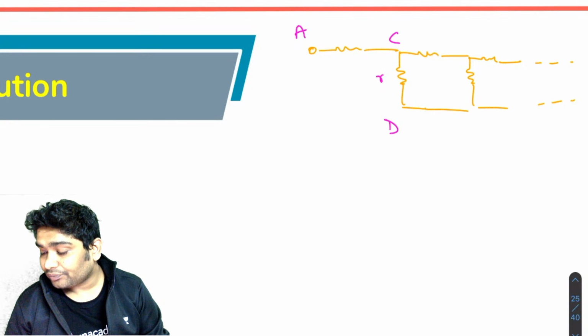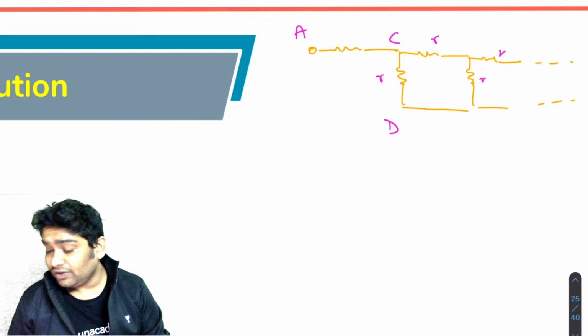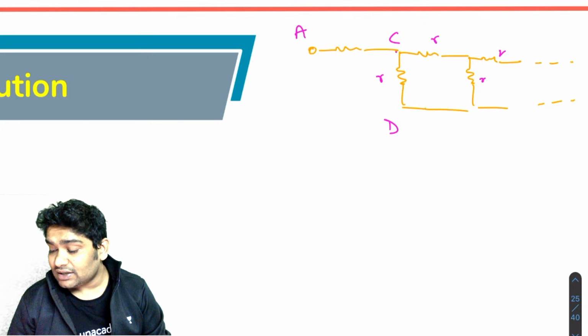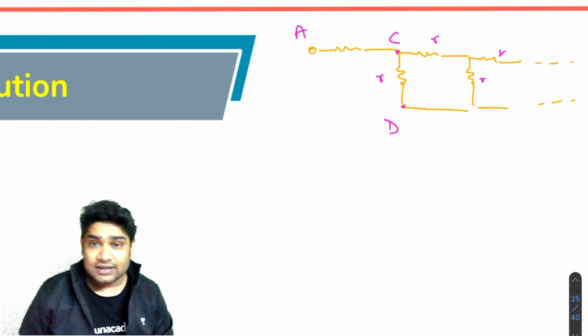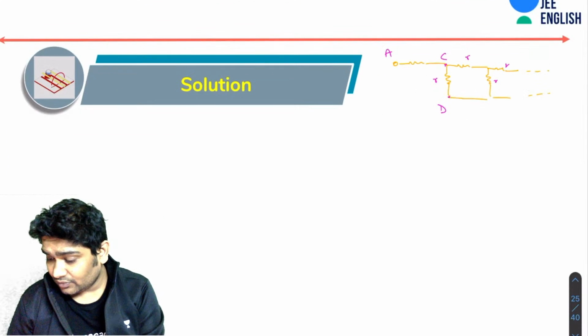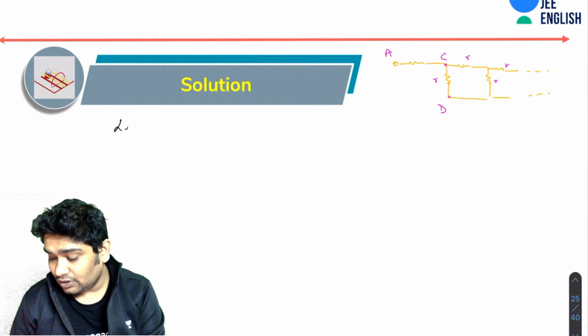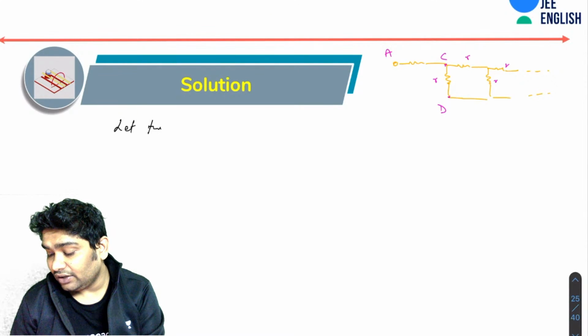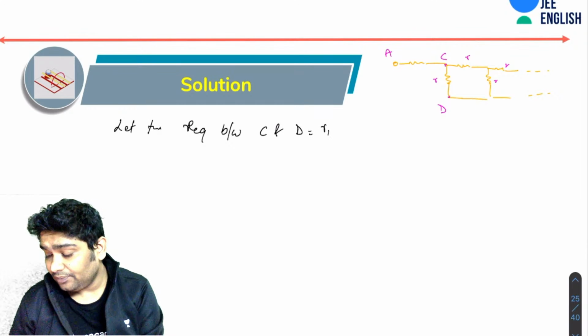Now, what you will realize is that between points C and D, let the R equivalent between C and D equal R1.